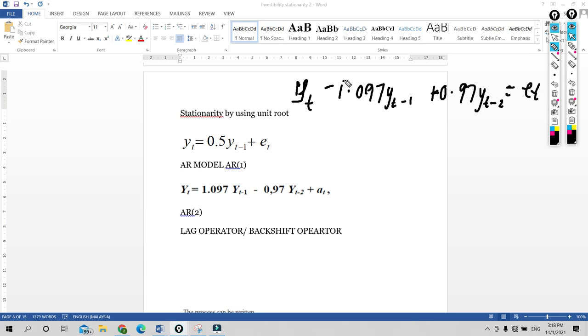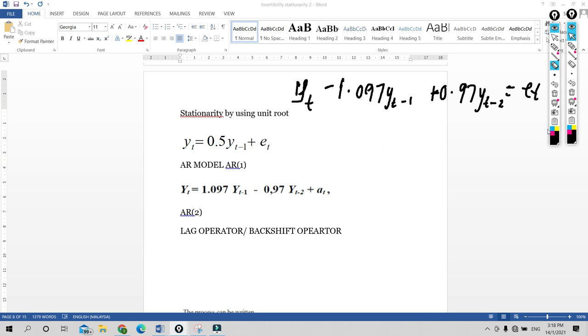So you can write in terms of the lag operator.